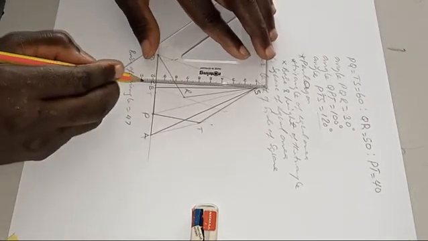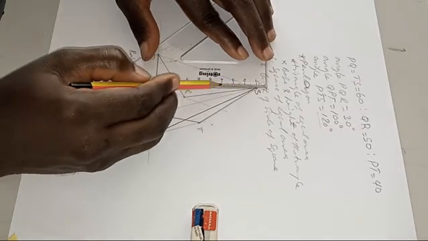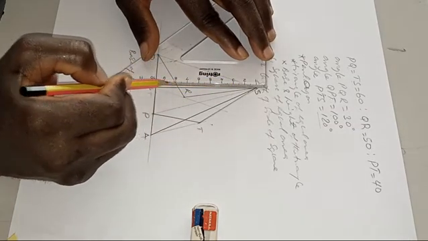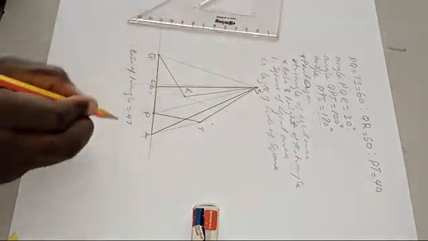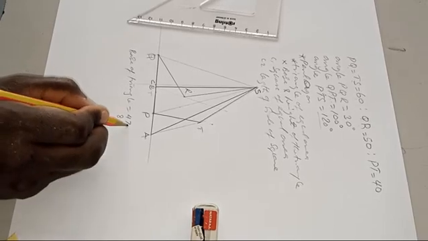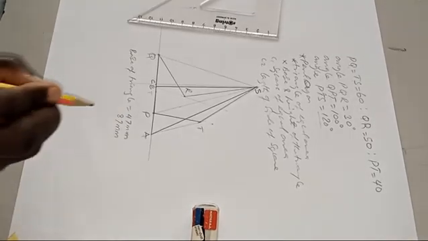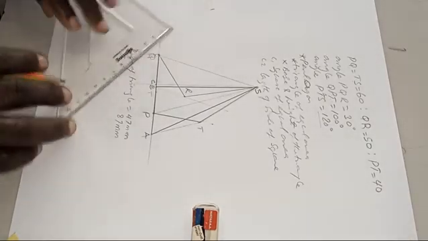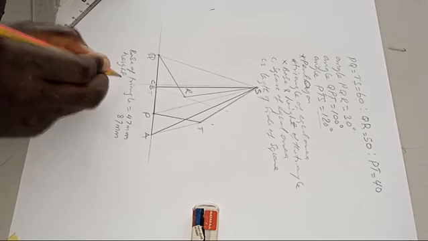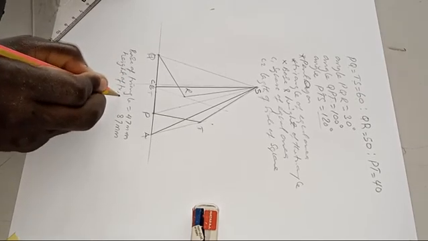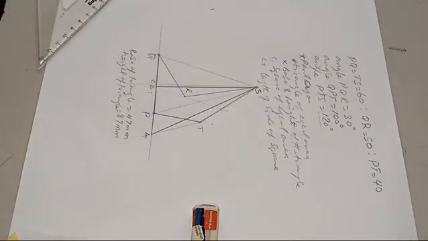Let us see. 10, 20, 30, 40, 50, 60, 70, 80. That's 87. 87 mm. That is the height of the triangle.